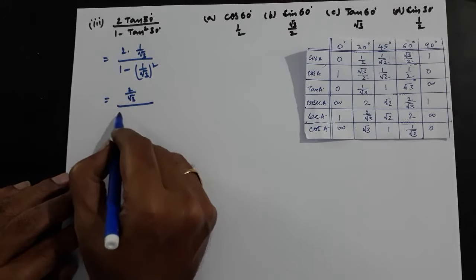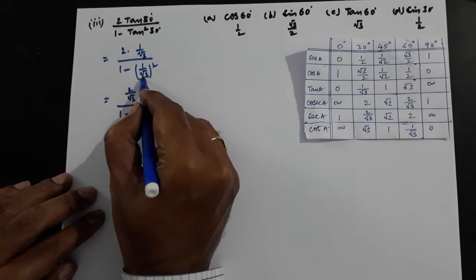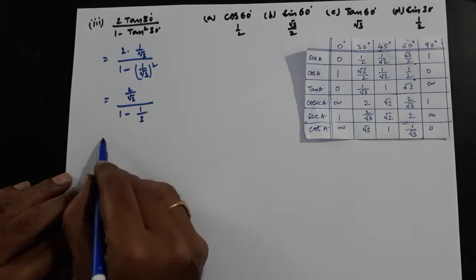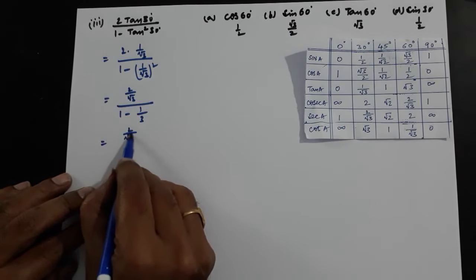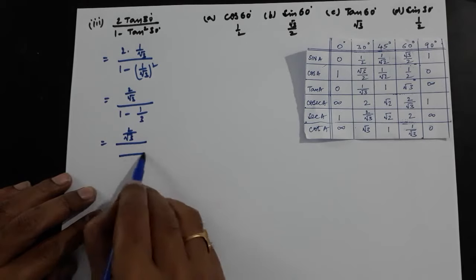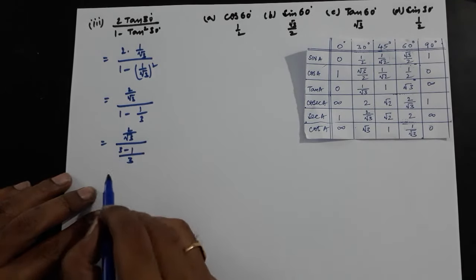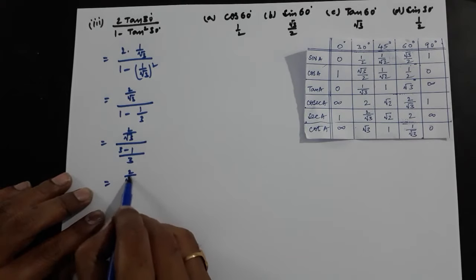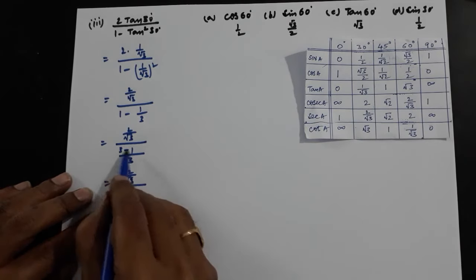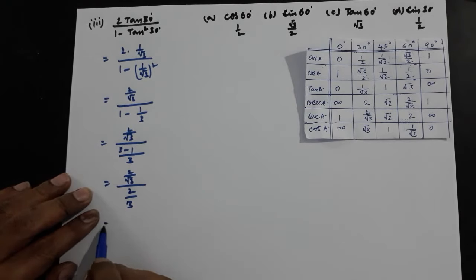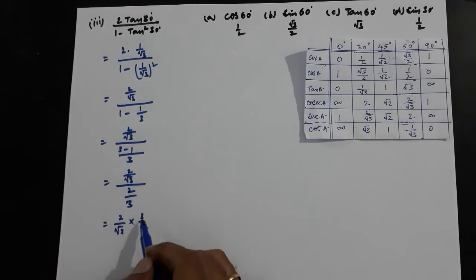On the denominator we have 1 minus 1 square is 1, root 3 square is 3. If you take 3 as LCM here, it is 3 minus 1. So 2 by root 3 on the numerator divided by 3 minus 1 is 2 by 3. So it will become 2 by root 3 into 3 by 2. If I bring this one up, it will be 3 by 2.